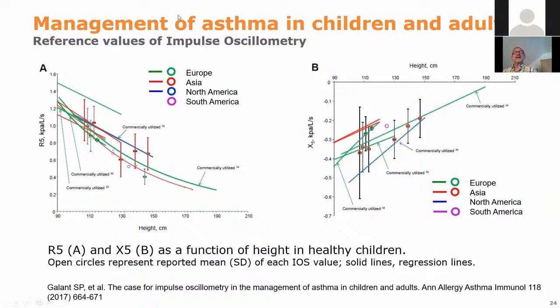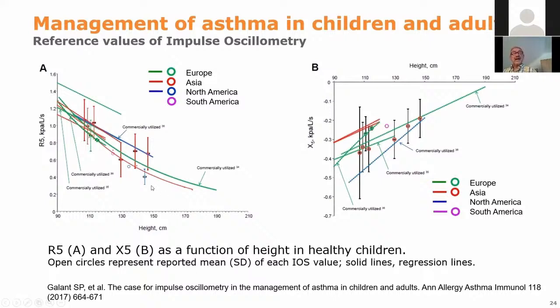Very quickly, here is a study which was published to show the management of asthma in children and adults. What I'd like to express is that it's not only for children, it's also for adults and standard lung function testing.